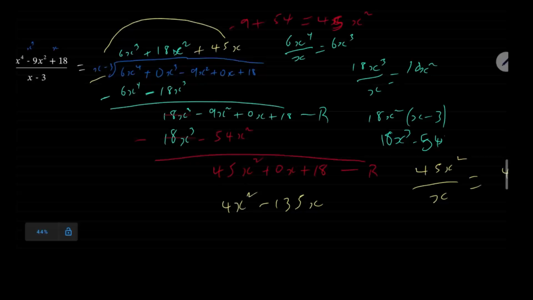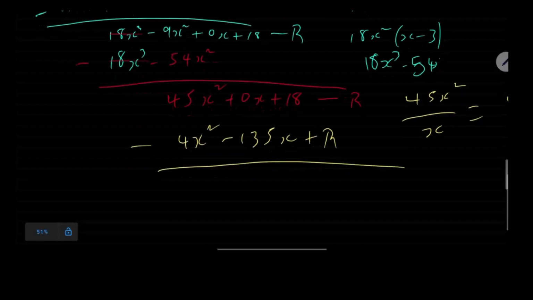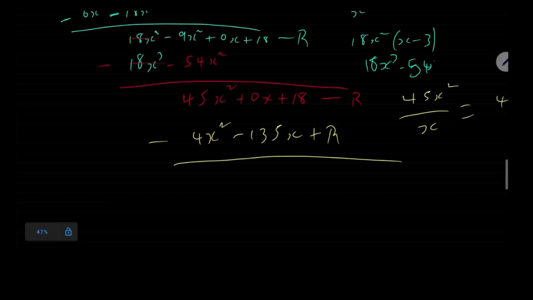it is safe to say we can continue with our plus 18, and then we can now subtract. 45x squared minus 45x squared is going to cancel. This one cancels this one, and then now we have 0x plus negative 0x minus 135.